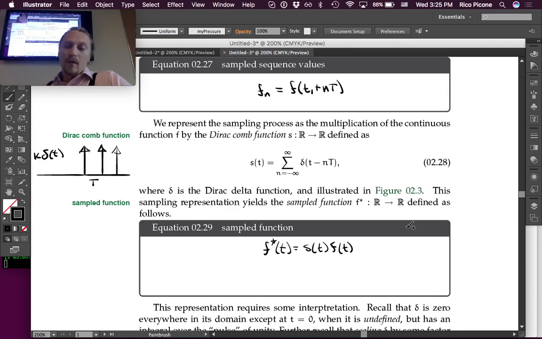Now, we can plug in what S is equal to here. This is the definition, but we can expand it and see what it looks like.